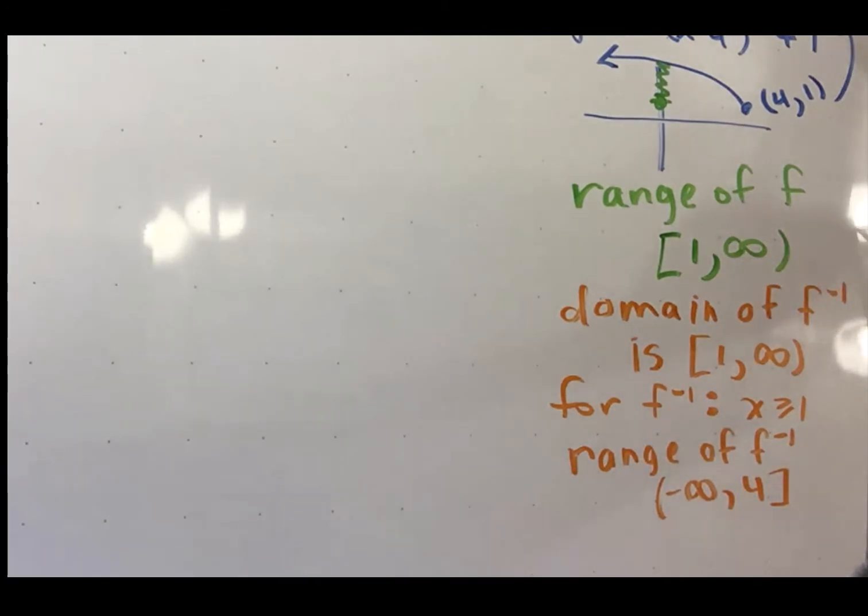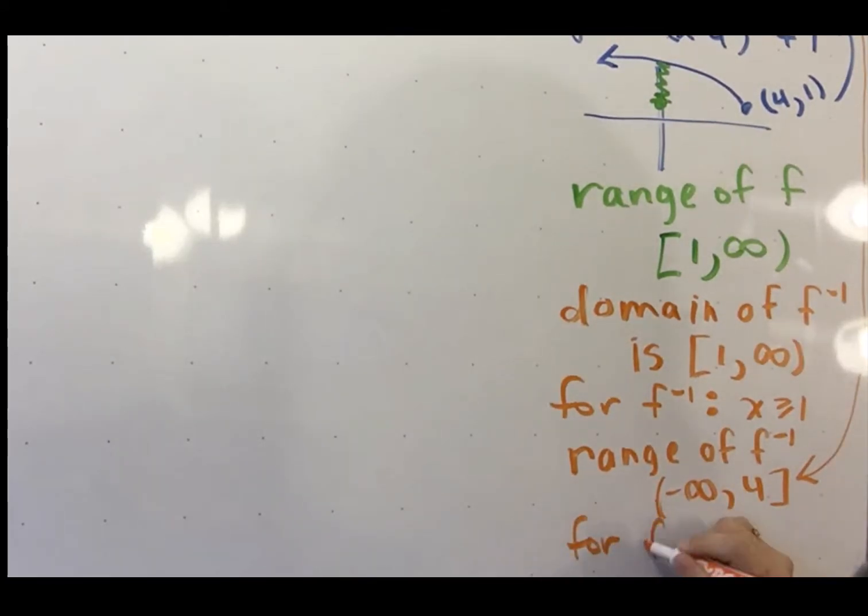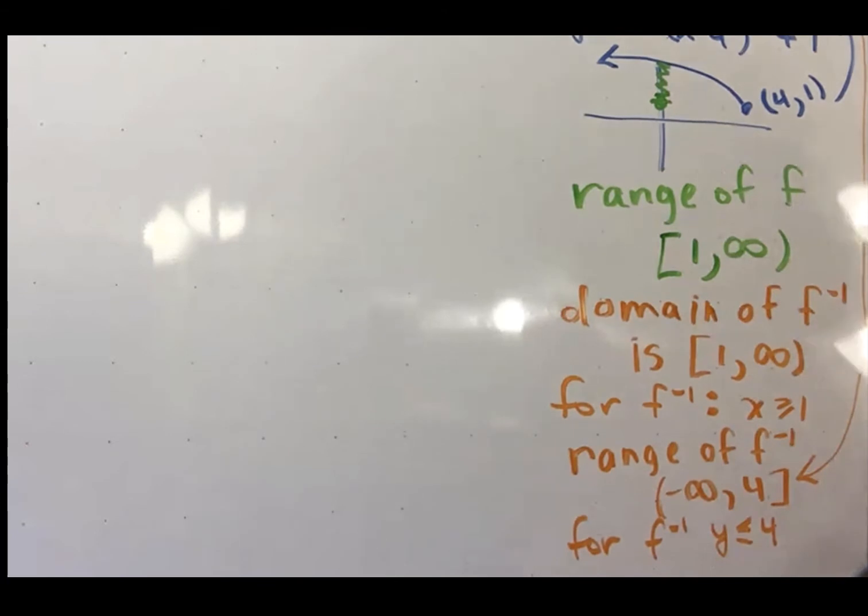And that came from that, right? And so I know that for f inverse, my y values are going to be less than or equal to 4. Sometimes there are problems where we want to think about that. Like I said, I don't know if we have to worry about that right now or not.